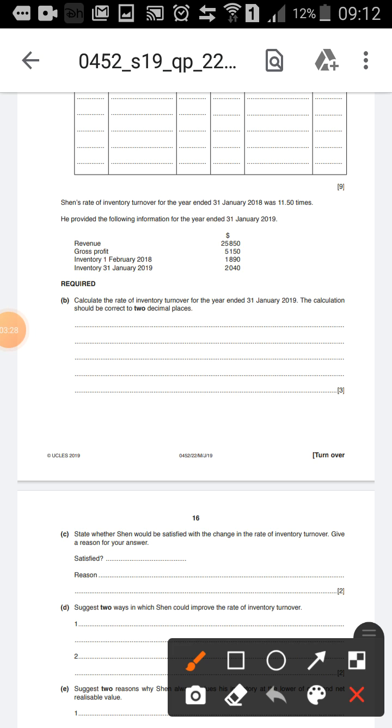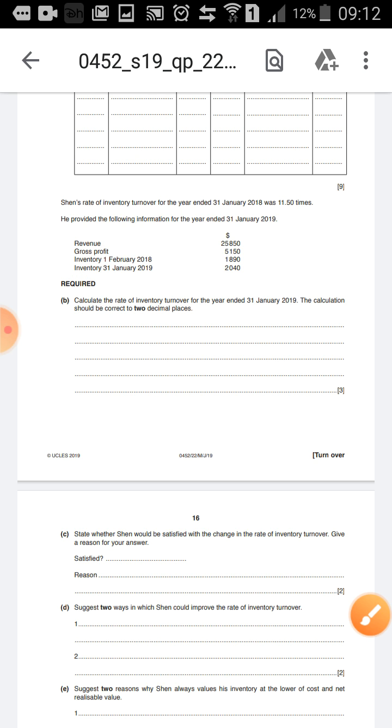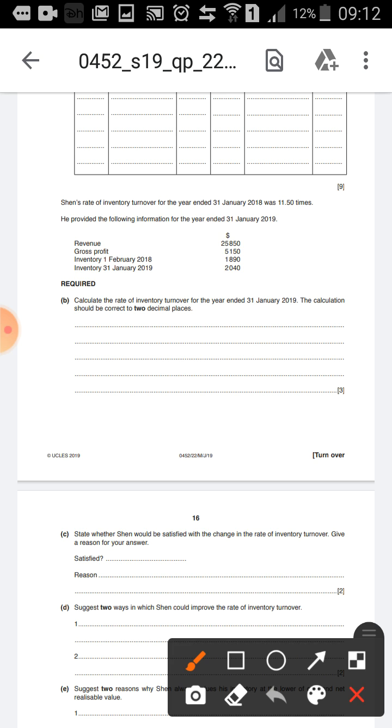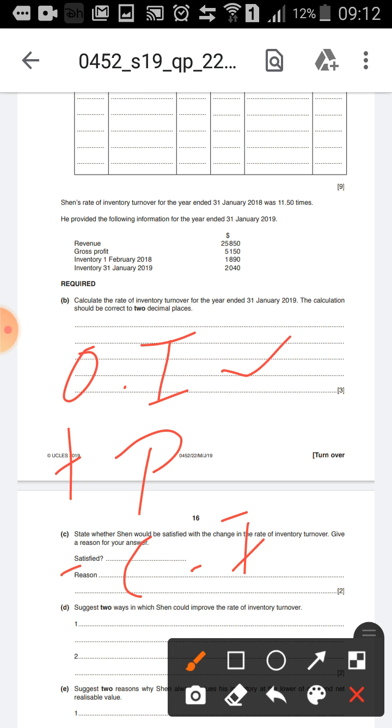Average inventory you will find out from the opening inventory and the closing inventory. You add both of them, divide by 2, and find out. The problem is with finding the cost of sales. Cost of sales is opening inventory plus purchases minus closing inventory. You have the opening and closing inventory, and you want the purchases.